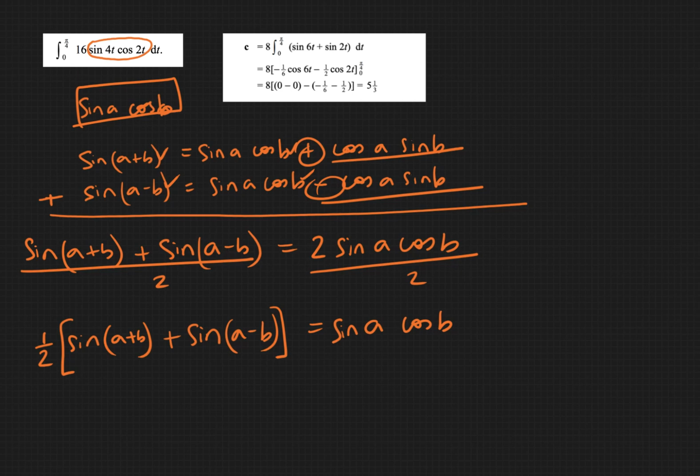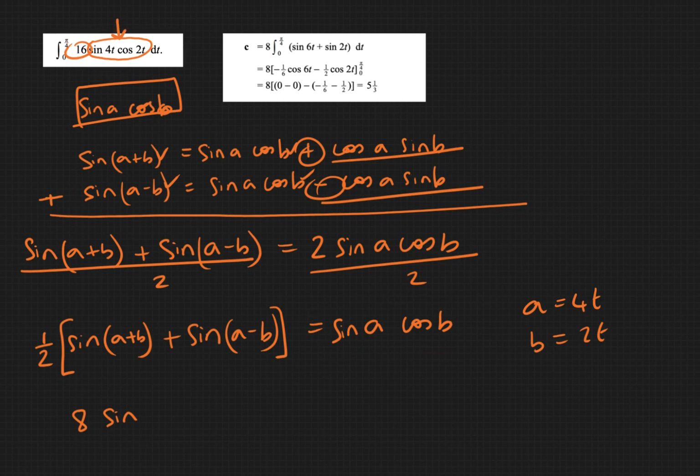What we can do now is relate that to this bit here and use equating coefficients. So the 16, if you halve that, becomes 16 over 2, which is 8. Let's just write on the side, A is going to be 4t and B is equal to 2t. We can equate coefficients between this and this.